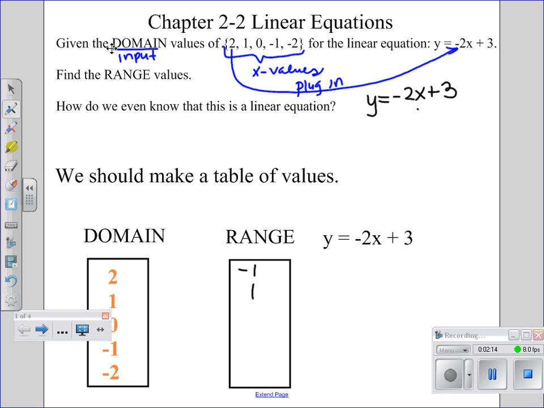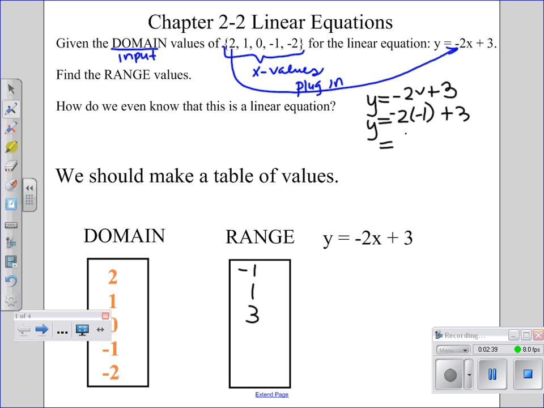Plug in 0. We end up with 0 plus 3, which is 3. Plug in -1.